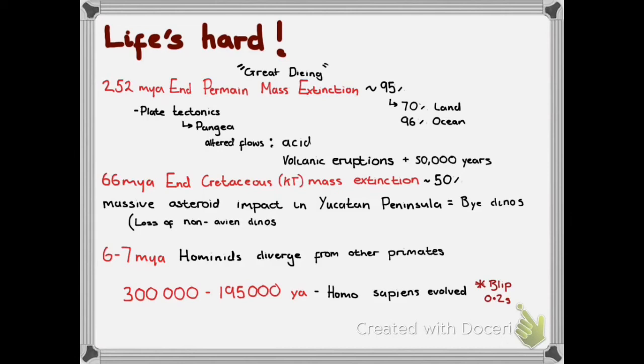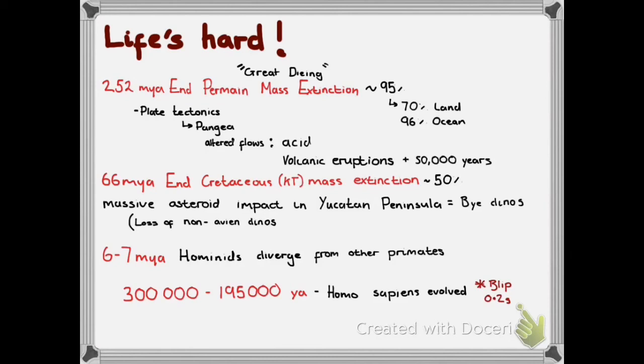This was because of a lot of volcanic eruptions occurring due to plate tectonics. There was a change in the flow of the ocean, so it could have become more acidic. And when I mention the volcanic eruptions, they weren't like the month-lasting or couple-of-week-lasting ones that we see today. It would have lasted for around 50,000 years. So, yeah, not very nice.